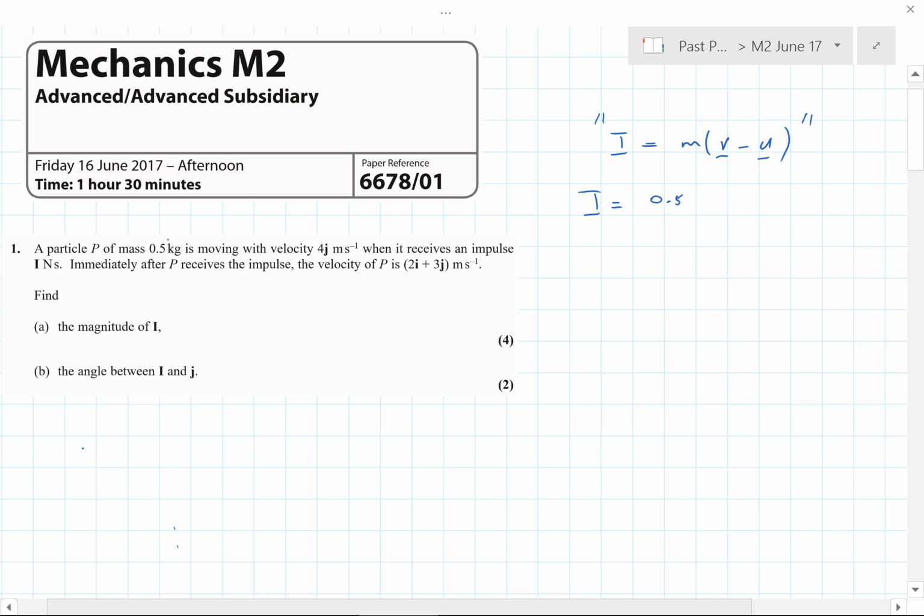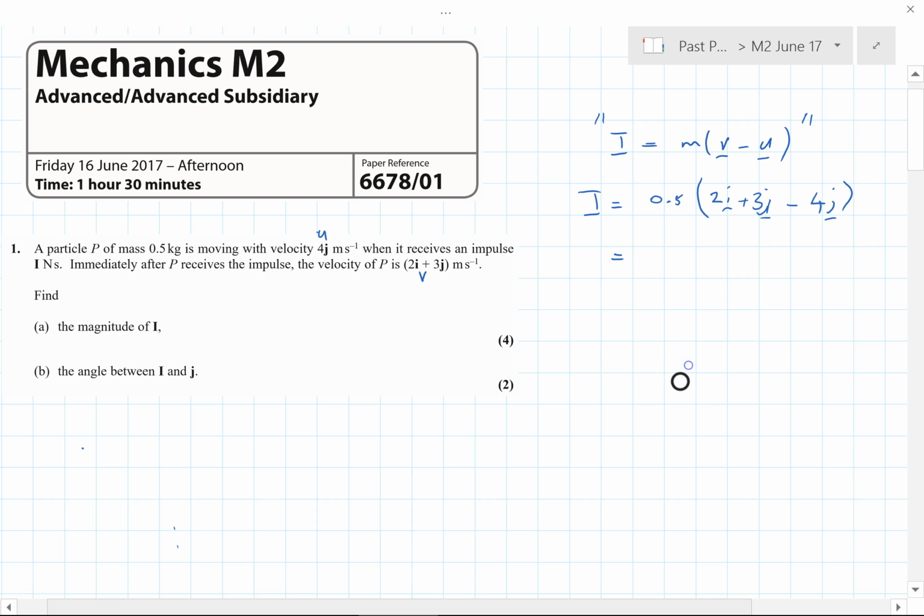The final velocity v is 2i plus 3j, take away 4j, which is the initial velocity u.